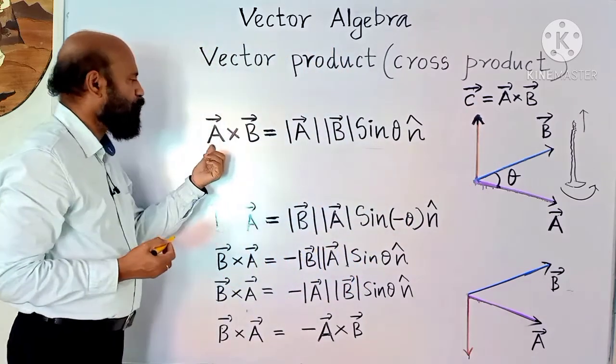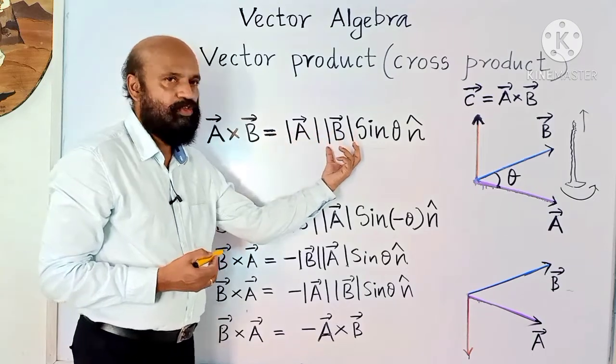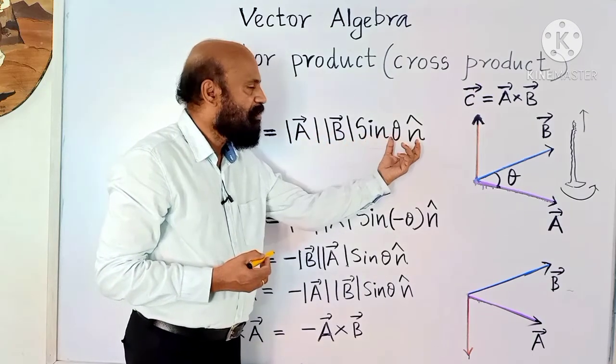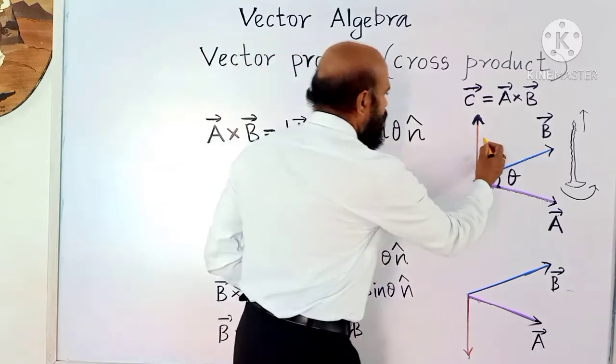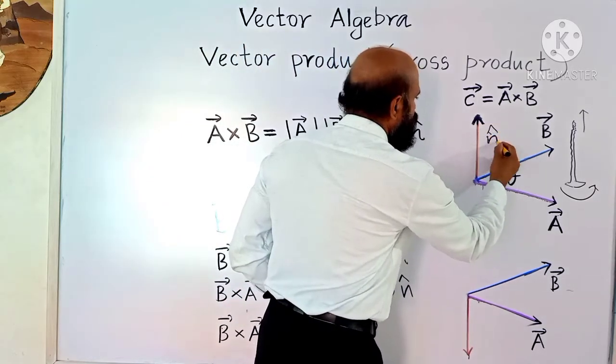So this is what A cross B is. A vector cross B vector is modulus of A, modulus of B, sine theta, n cap. So n cap is a unit vector in this direction.